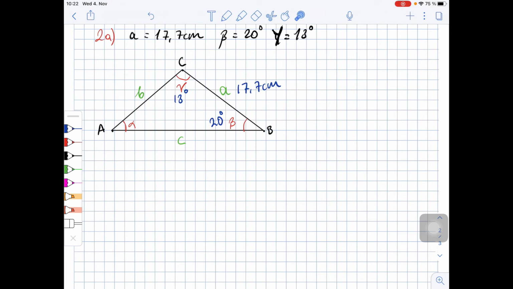C squared is equal to A squared, oh, I know. B squared, I don't know. That means I can't find it. But when you use the sinus, what does the sinus say? Sinus alpha divided by this, and then sinus beta divided by b, and I do not know both.